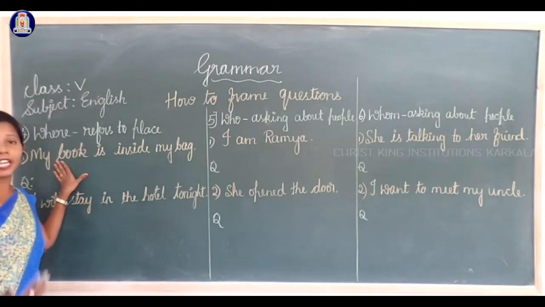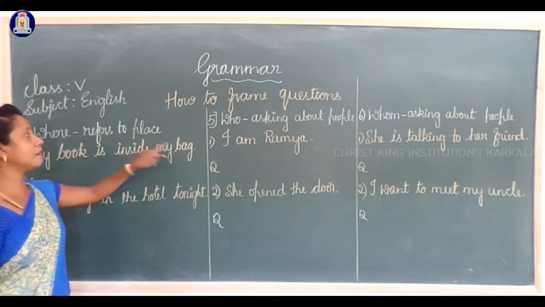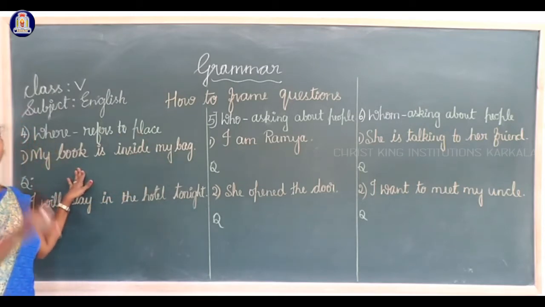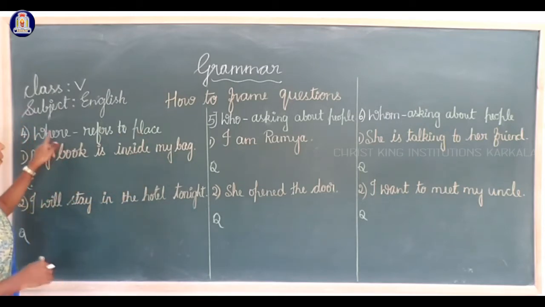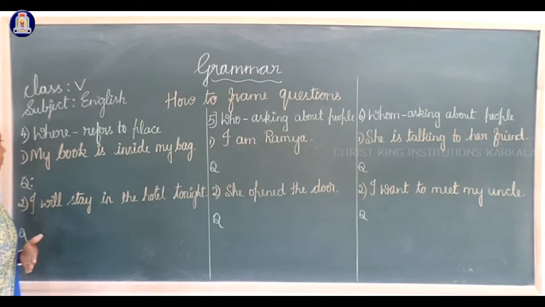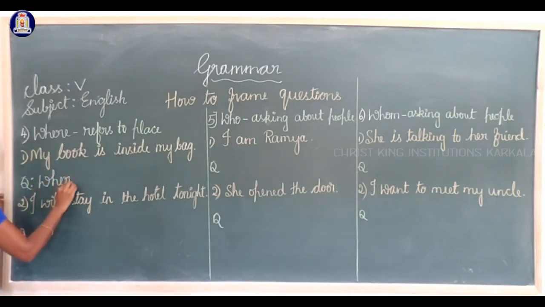And now here we have the examples. See the first one, my book is inside my bag. Here also you can form a question using where. Now how can you form a question? Yes, you have to use where.